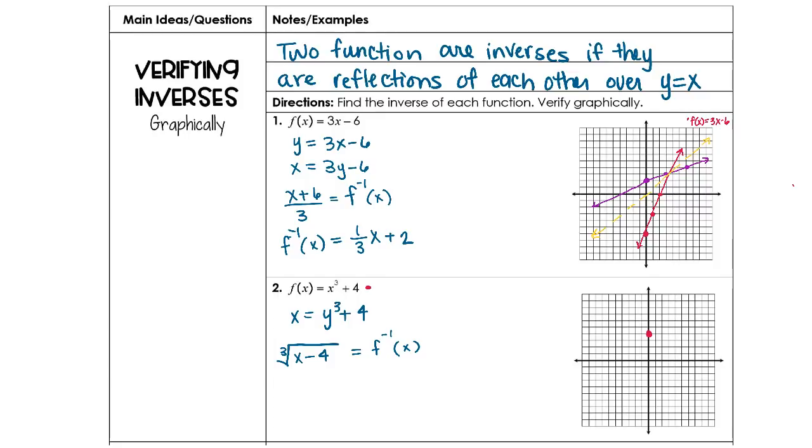Plot our point, and then we know that our cube function looks something like this. And now we're going to do our cube root function, and that one we're going to change colors. And notice that with that one, our cube root function has been moved to the right 4. So we're going to go over 4.